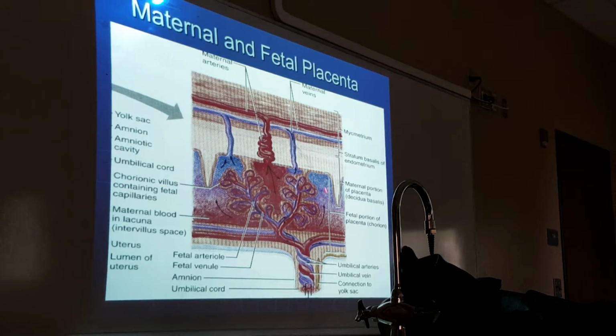And this is maternal blood pooling in intervillus spaces here in the maternal part of the placenta. So this is happening all along this margin, the margin between the fetus and the mother. But you see, fetal and maternal blood are never mixed.